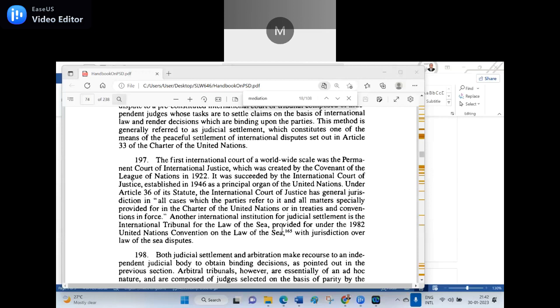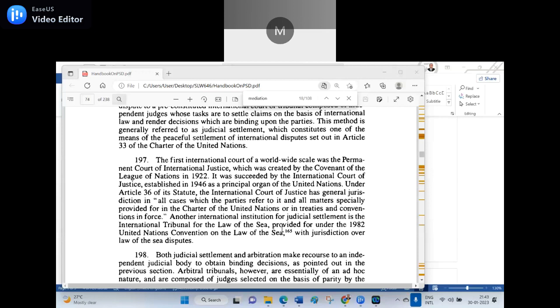To resolve the international disputes under the UN Charter, Article 33 provides for judicial settlements, and Article 36 gives the International Court of Justice jurisdiction to deal with all member states in all matters, to settle amicably by peaceful means.